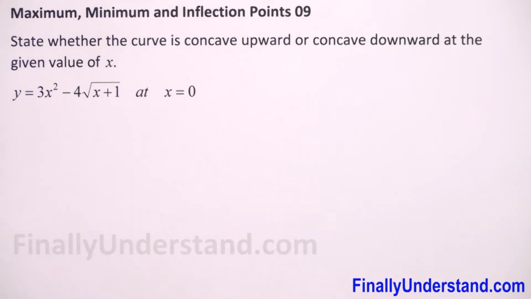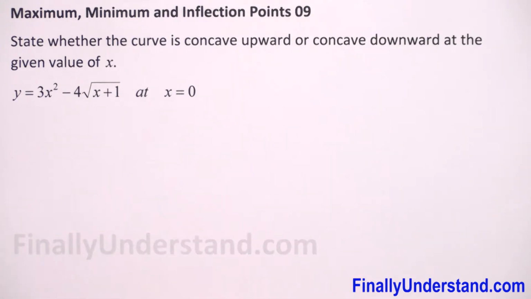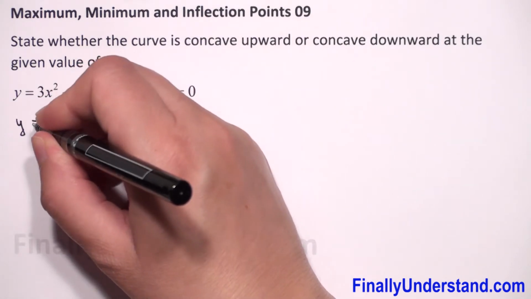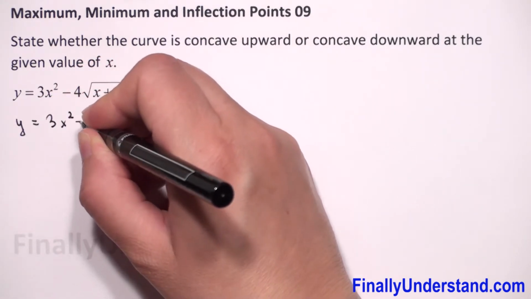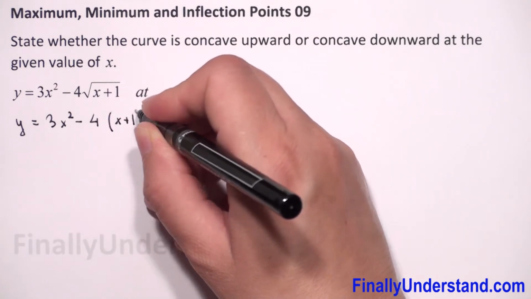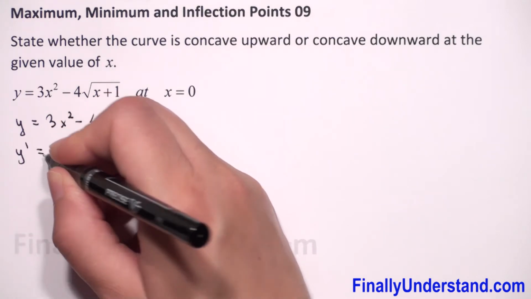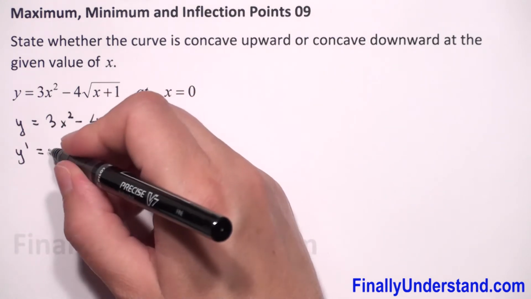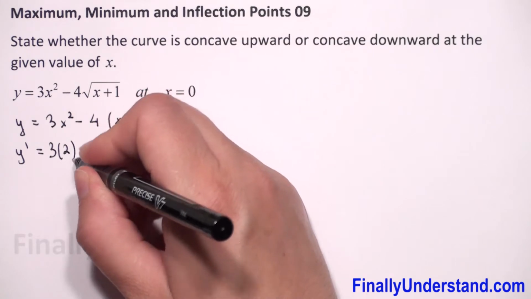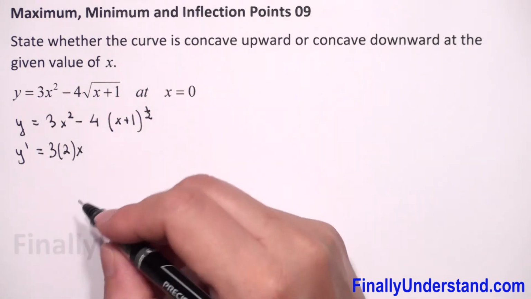So first we need to find the first derivative. To do this, I will change this square root to the power form. So y equals 3x squared minus 4, and we have (x plus 1) to the power 1 half. So y prime is equal to the derivative of 3x squared, which is 3 times 2 times x to the first power, so it's 6x only.